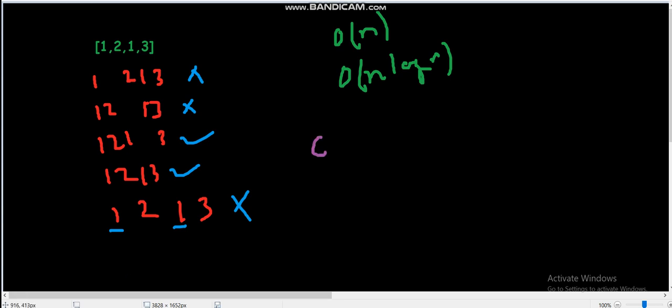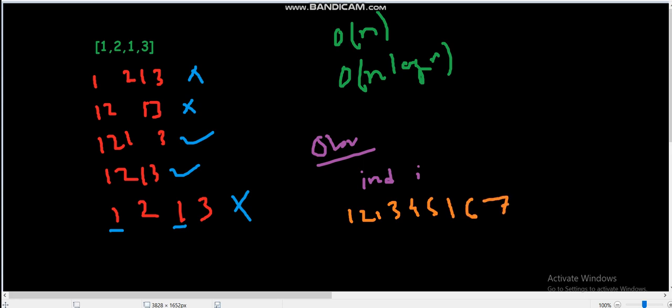What could be the first possible observation? Let's say we are at some index i. What could be the minimum value of the partition starting at index i? I hope you got it. Let's say we have this array: 1 2 1 3 4 5 1 6 7. Let's say we are at this index, the first 1.